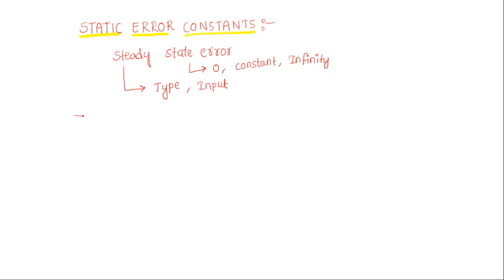For example, if you take the type 0 system, the type 0 system will have the constant steady state error. I am representing the steady state error with ess only when the input is unit step signal.